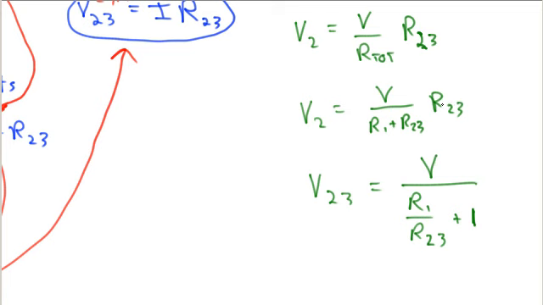So R23 into the top just gives me 1 up there, and R23 into the bottom gives me this. So constant, constant, constant. The only thing that's changing is R23. R23 is equal to 1 over 1 over R2 plus 1 over R3.